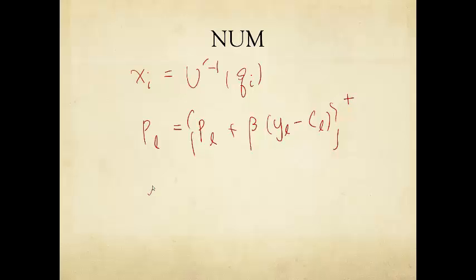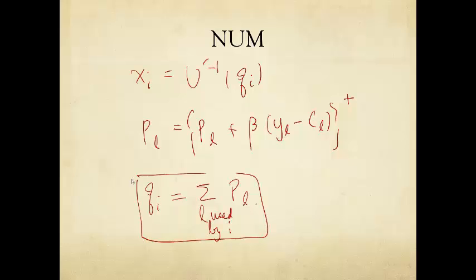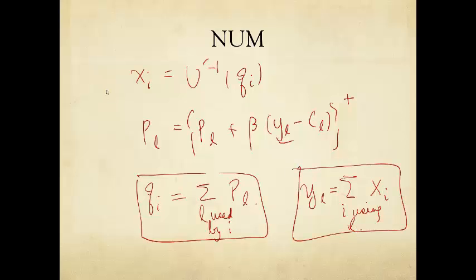Again, remember the shorthand notation: Qi is the sum of all those link prices along the links used by source i, and Yl is the summation of the source rates coming from the sources i using link l. With this shorthand notation, I'm just summarizing what we just derived in the last module.